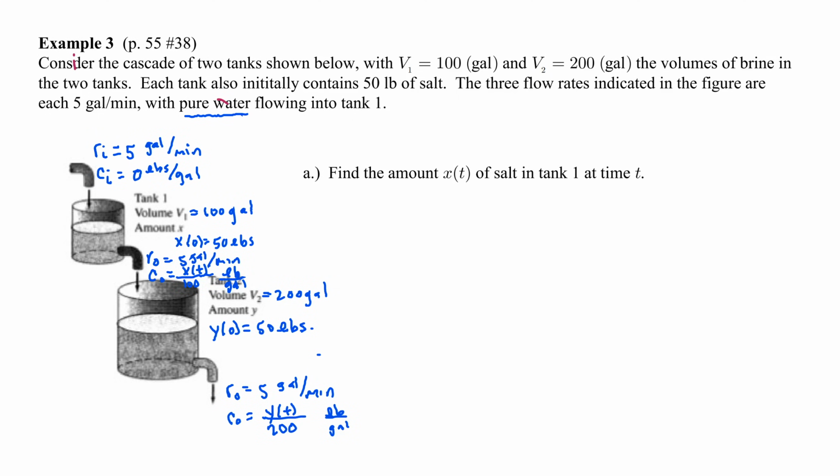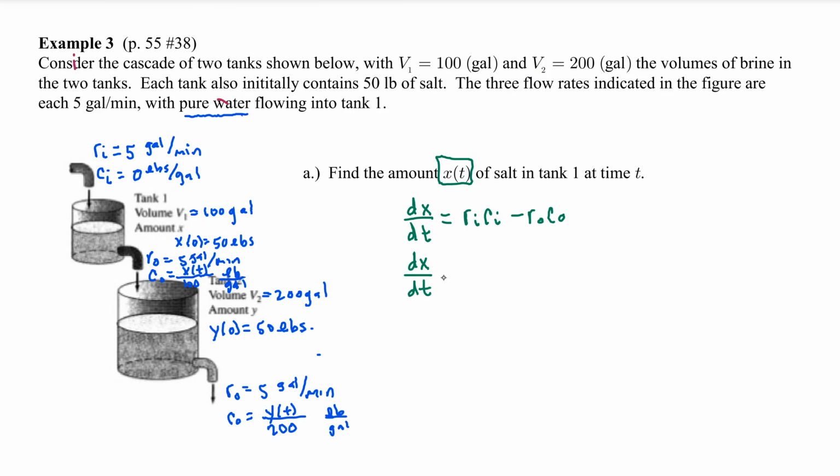With all that information, we're going to do this one step at a time. First thing we want to do is model the amount of salt in tank 1 at time t. So the amount of solute, or salt, in tank 1 is measured by x of t. So we'll apply the rate in, rate out model just to tank 1. So the rate of change of x with respect to time is going to be given by the rate in times the concentration in minus the rate out times the concentration out.